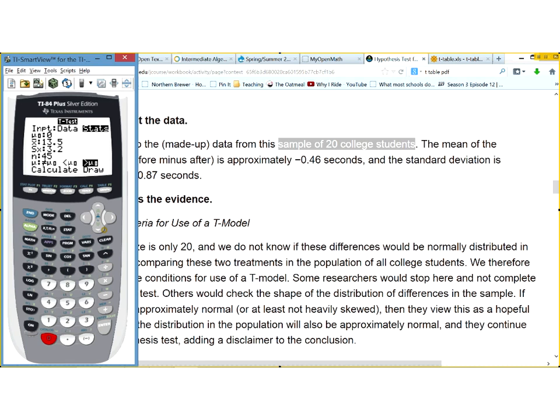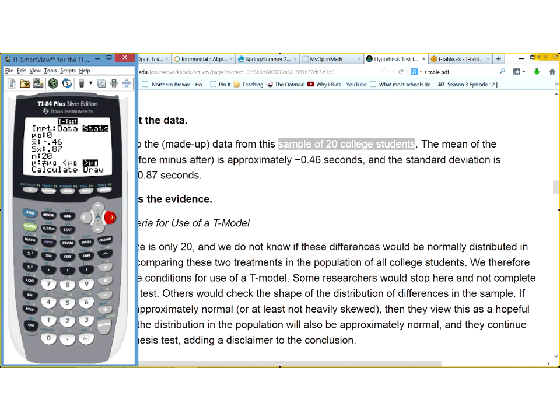Our x-bar, you can see over there, is negative 0.46. Oops, look at that. Oh, I'm still on the time. This is the other thing. There we go. Negative 0.46. And our standard deviation is 0.87. But our n was 20. And we're curious to see if the mean is less than 0.